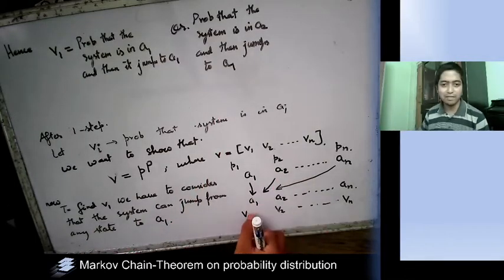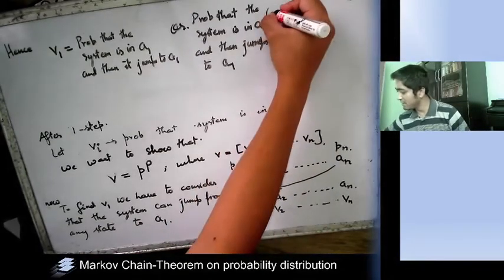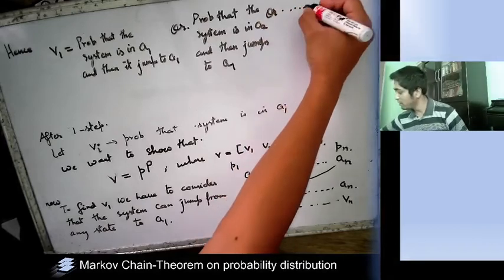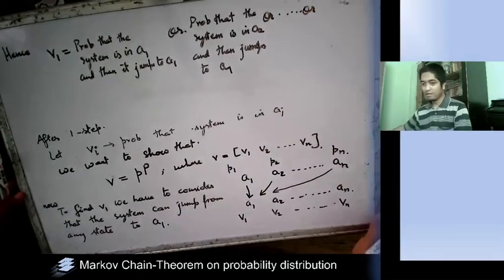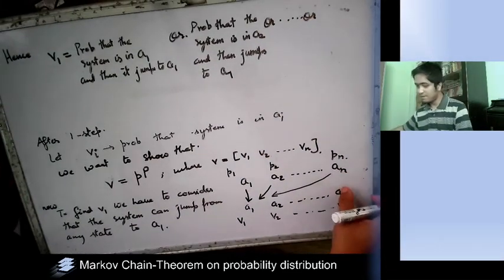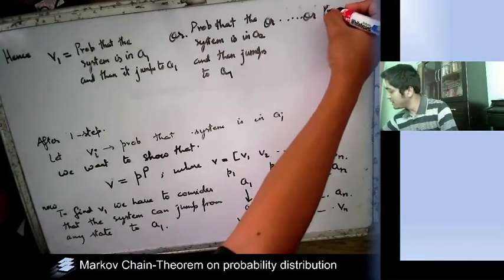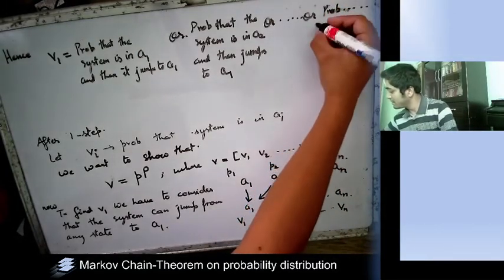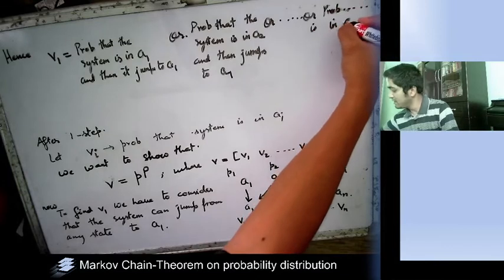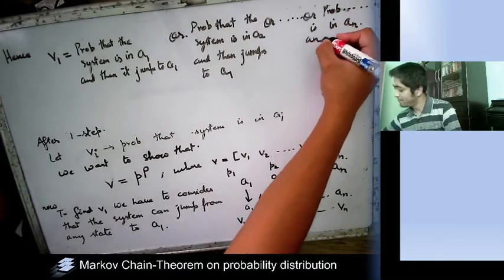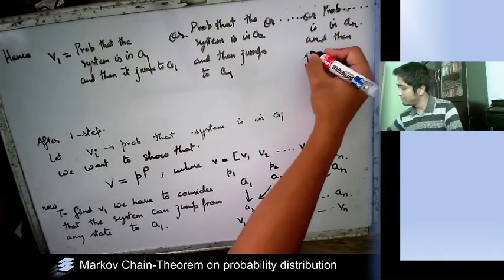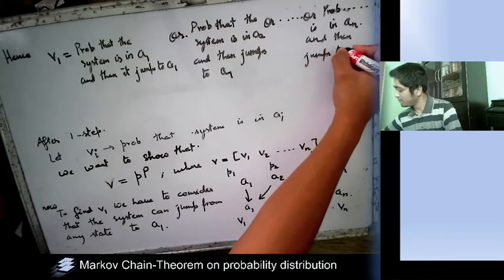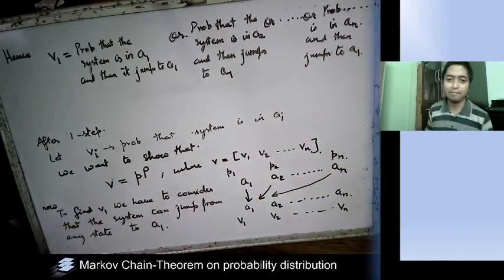From A2 it can jump to A1. Similarly, or lastly, the system is in An and then jumps to A1 after one step.